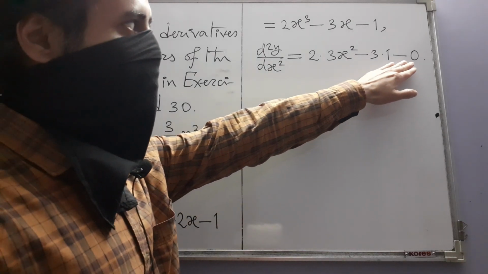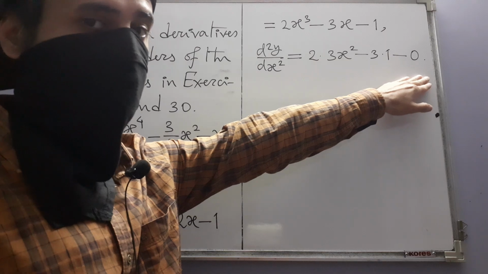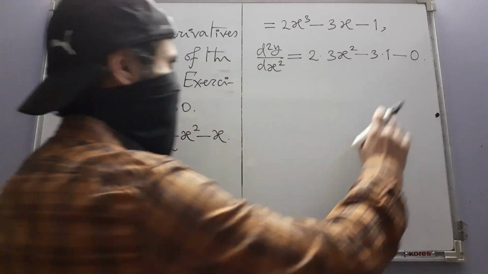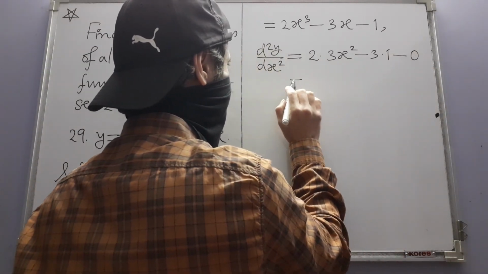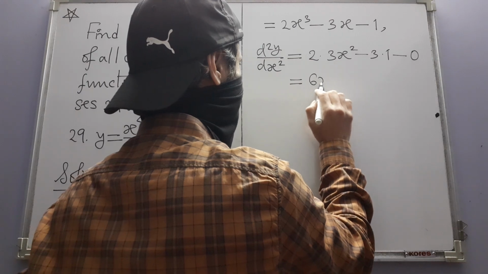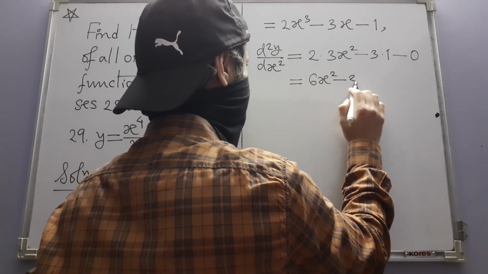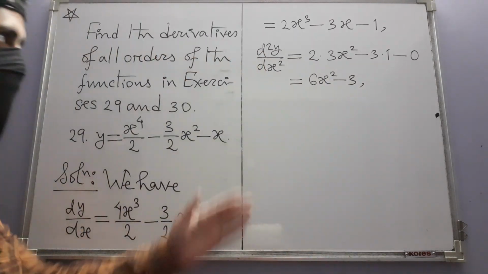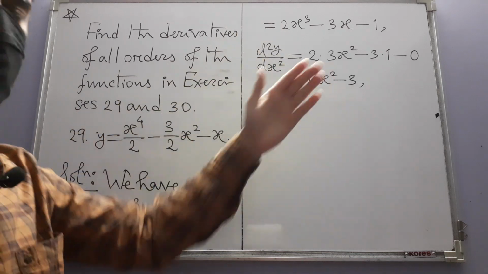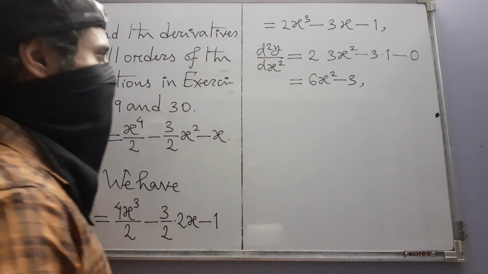It's a good idea to write this because it shows that you know. So this ultimately becomes 6x square minus 3. So yes, from a cubic polynomial we have come down to a quadratic polynomial.